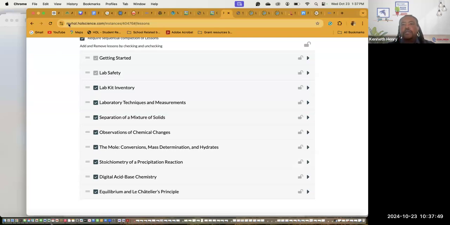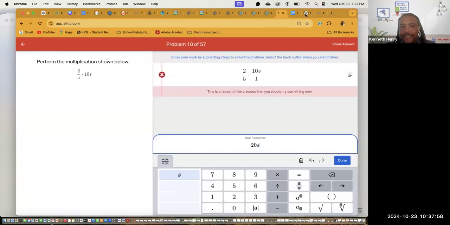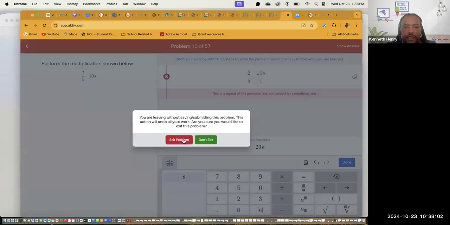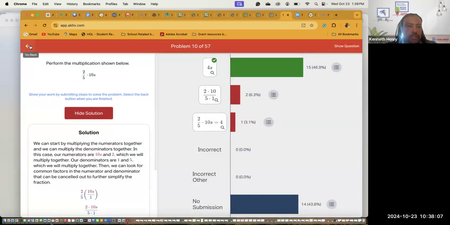Okay, so I want to go over a couple of things with active learning. I know that there were some issues. Yeah, this is the one. I was playing with it yesterday. So let me see if I can get this exit problem. You're going to see the back end. Let's go back.